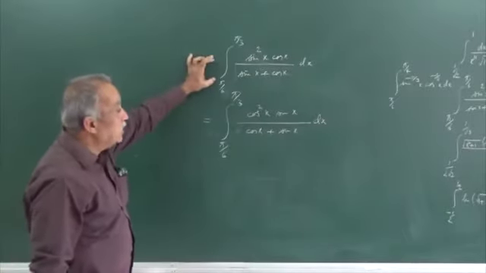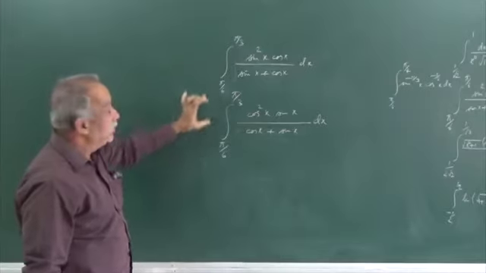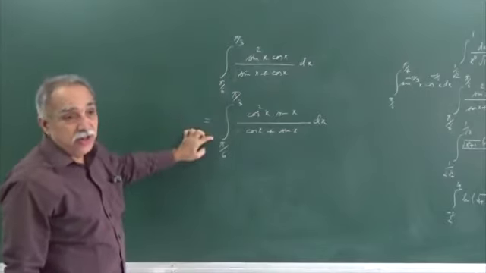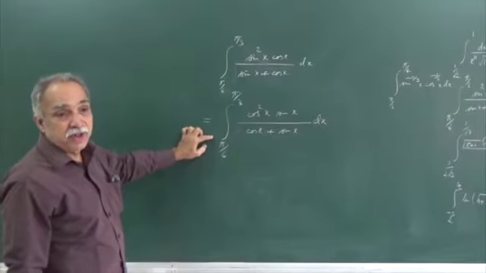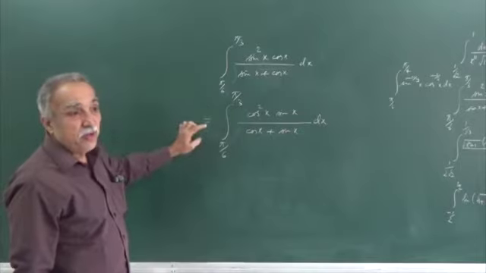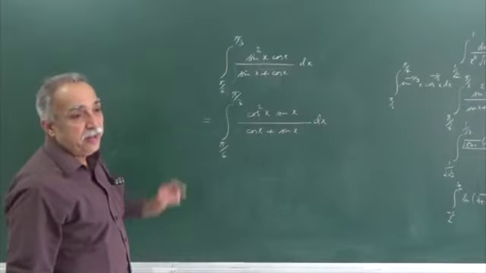Suppose you call this I1, this one I2. You are finding I1 and I2 equal, therefore each must be the average of I1 and I2, each must be equal to I1 plus I2 divided by 2.